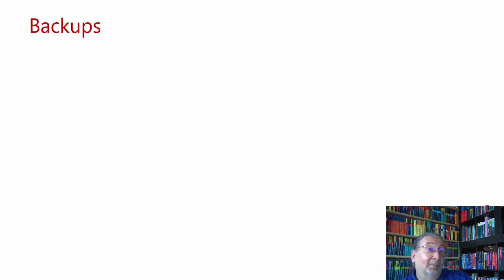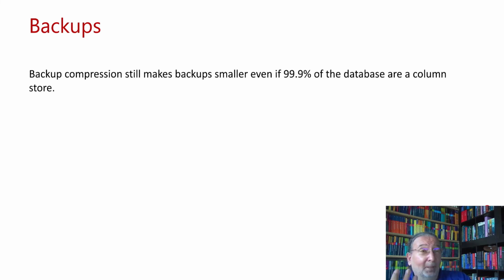Backups. Strangely enough, clustered column store compresses a lot, but backup compression can squeeze out even more on that. So backup compression still makes sense, even if 99.9% of the database is compressed column store and archive column store.